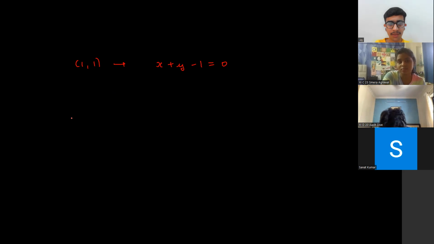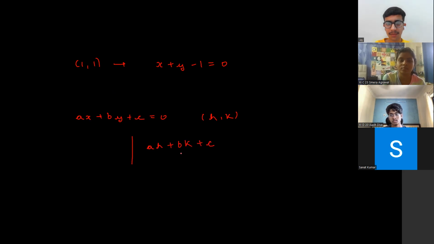So for a line ax plus by plus c equal to 0, and let's say you have a point h comma k. अगर तुमको इसका distance निकालना है इस line से, so what you do is you substitute the values of x and y of the coordinate in the line. So that means a times h plus b times k plus c divided by square root of a square plus b square. That is the coefficients of x and y.